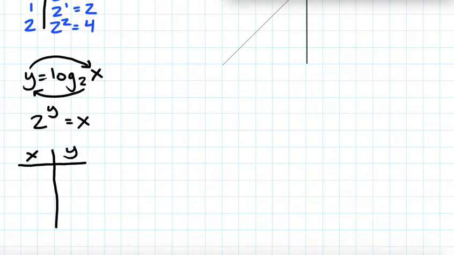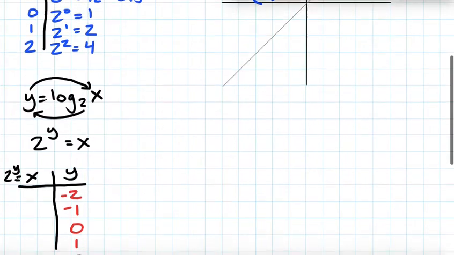So for y, I'm going to plug in, again from -2 up through +2: -2, -1, 0, 1, and 2. I'm going to plug those in for the powers, and the answers that I get are going to be the x coordinates.